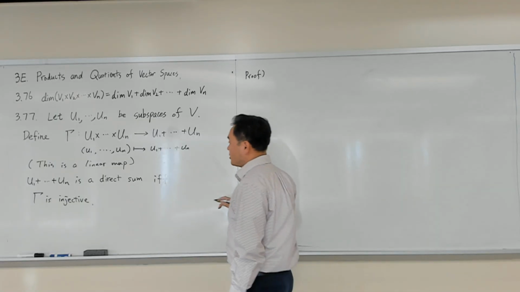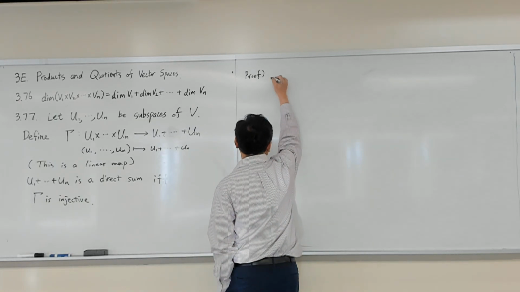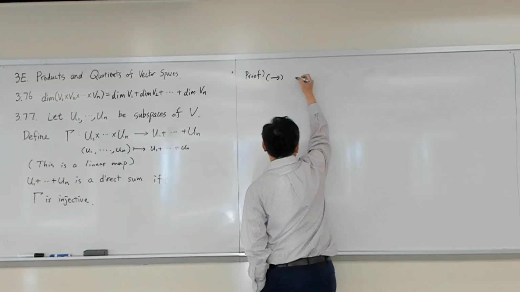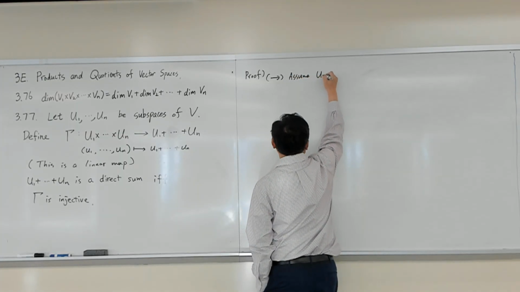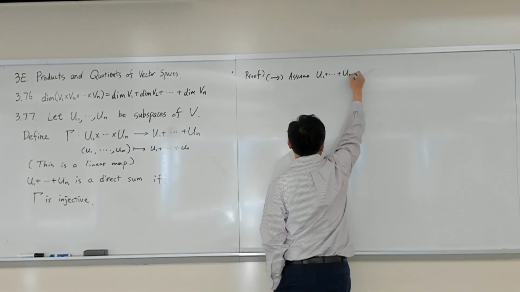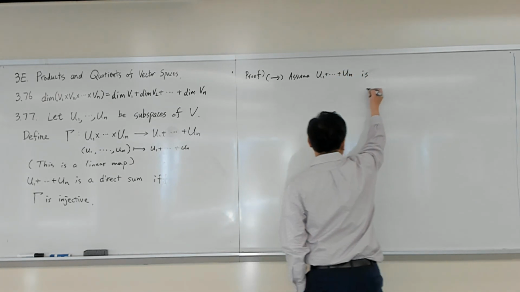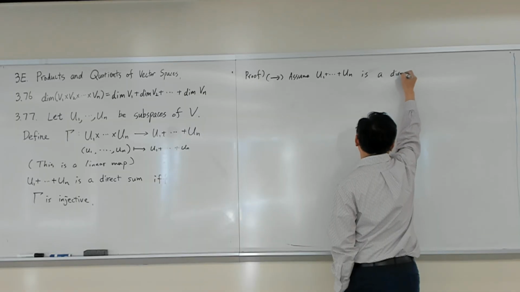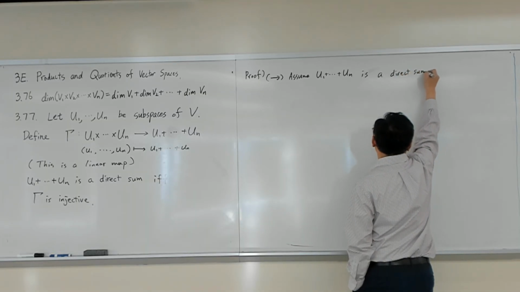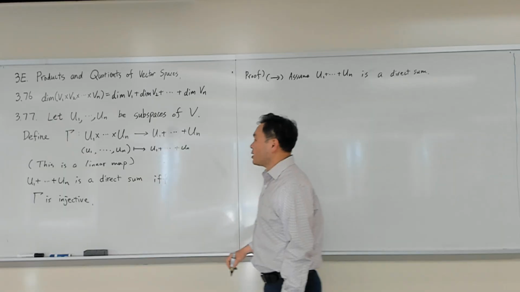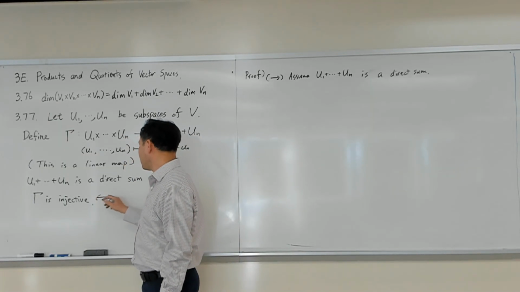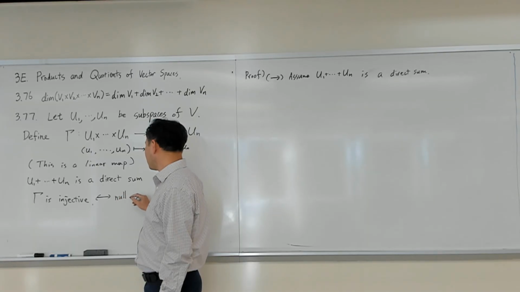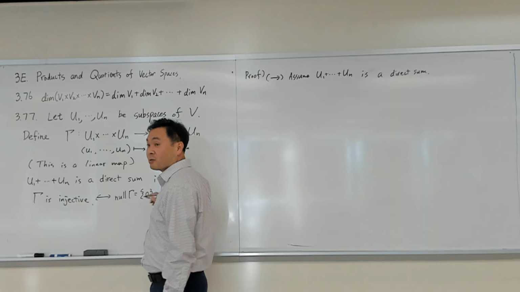So assume, let's do this direction first, which means assume U1 plus ... plus UN is a direct sum. Now we also know that being injective is the same thing as showing that the null space is just 0, right?